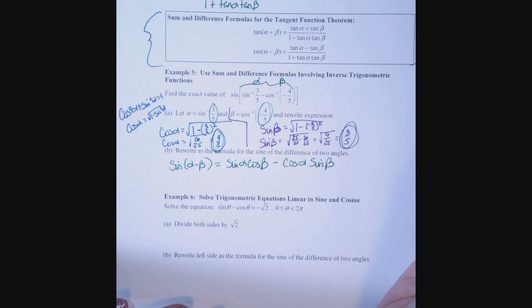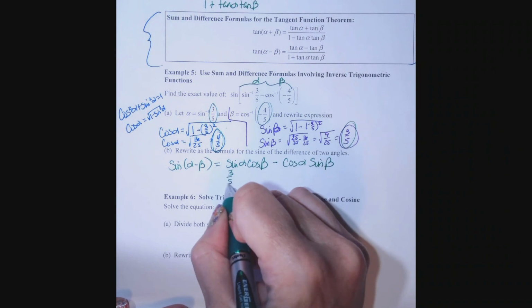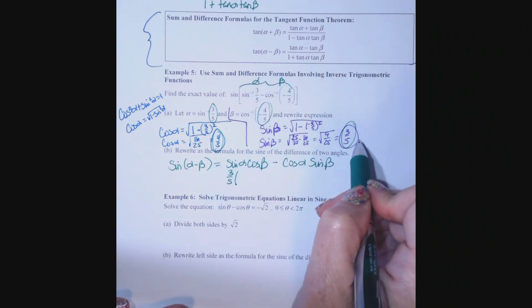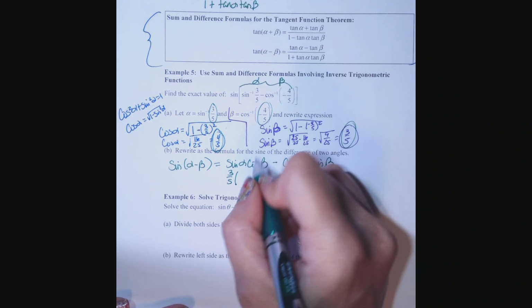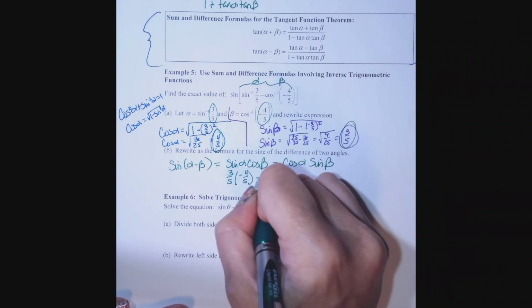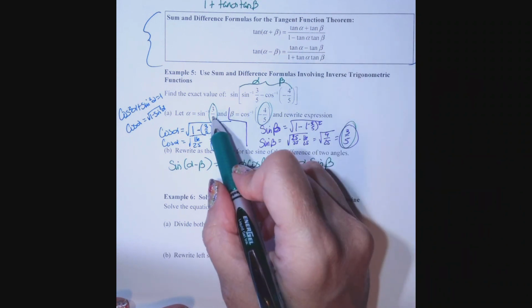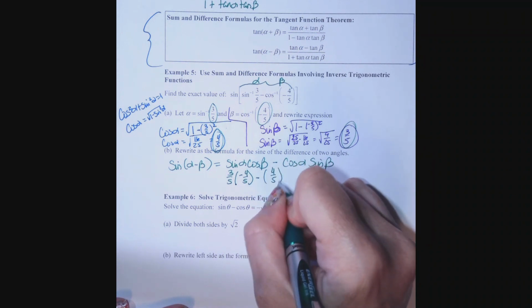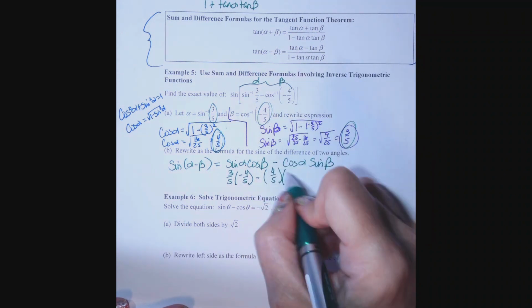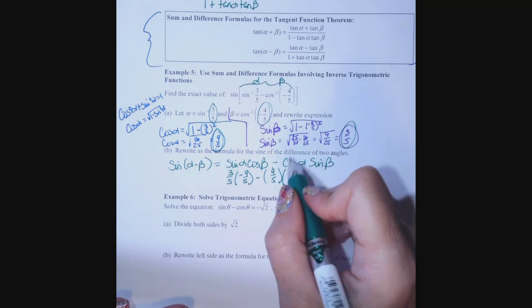And then I plug in what I have found and what I know. I know the sine of alpha is 3/5 and the cosine of beta is negative 4/5. I know the cosine of alpha is 4/5, and I know the sine of beta is 3/5.